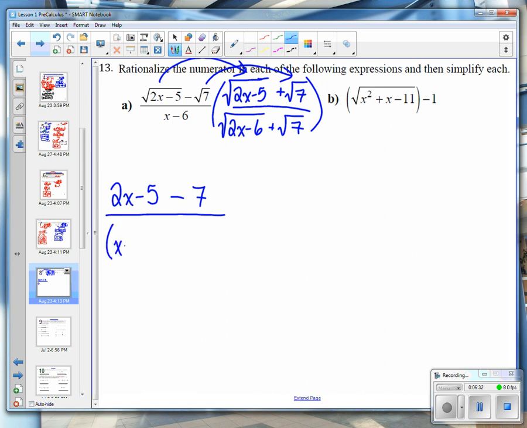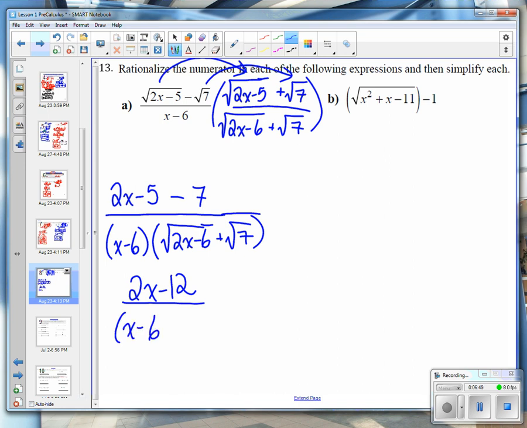We're going to take that x minus 6, and I've got root 2x minus 6 plus root 7. So let's keep simplifying here. I've got my 2x minus 5 minus 7, which is going to give us 2x minus 12 over x minus 6, root 2x minus 6 plus root 7.